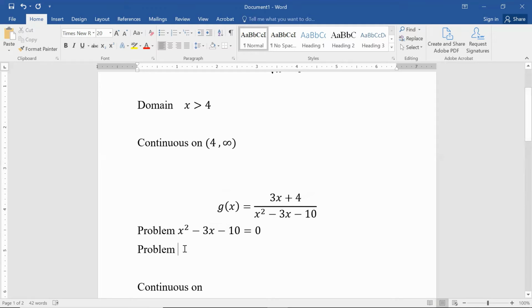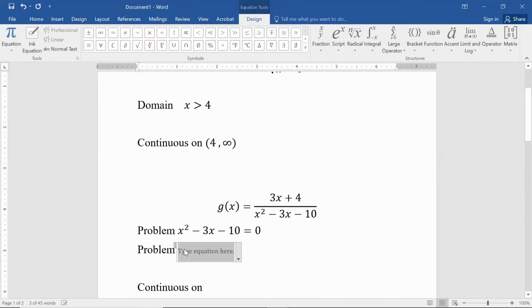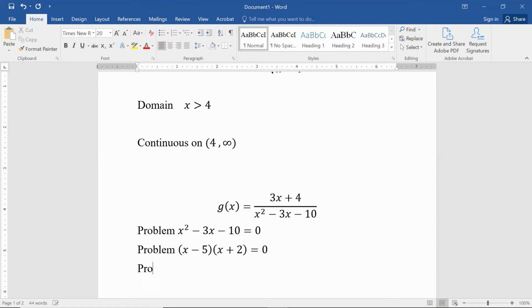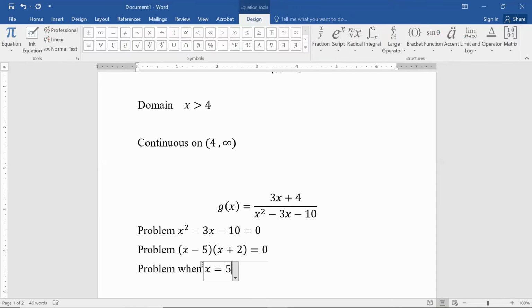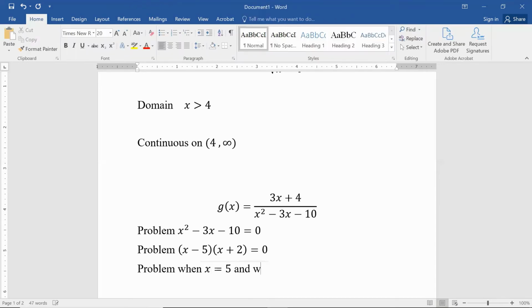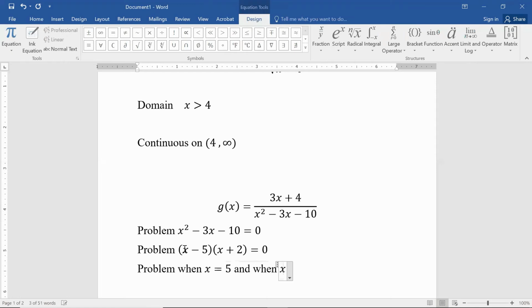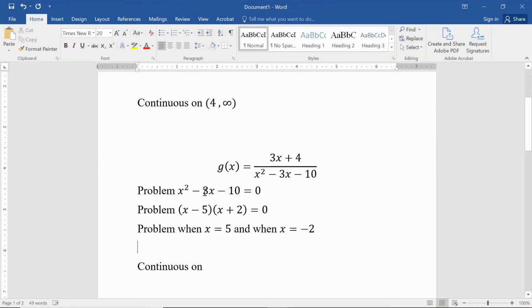So we can factor the x squared minus 3x minus 10 into x minus 5 times x plus 2. And so there's a problem at two places. There's a problem when x is equal to 5 and when x is equal to negative 2.